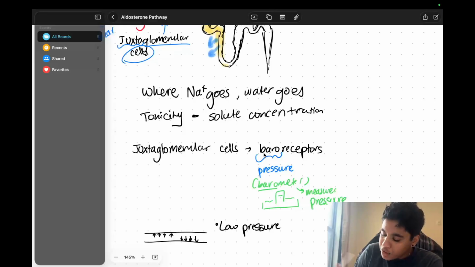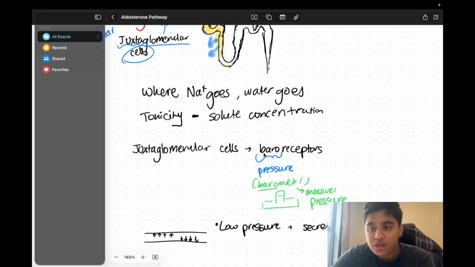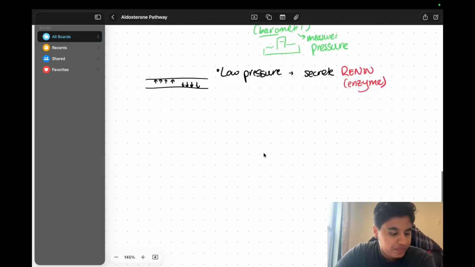So when the pressure is low, so the hydrostatic pressure is low, they're going to secrete something called renin. Renin is an enzyme. So when the pressure is low, they're going to secrete renin.